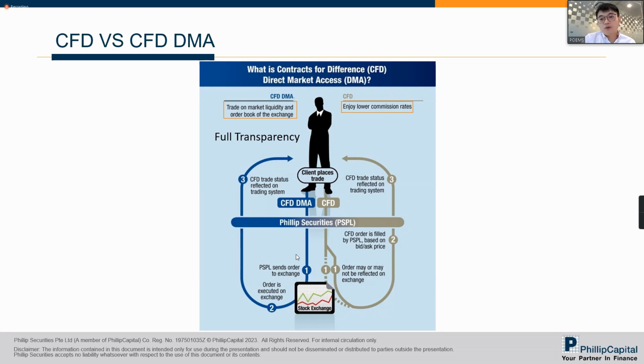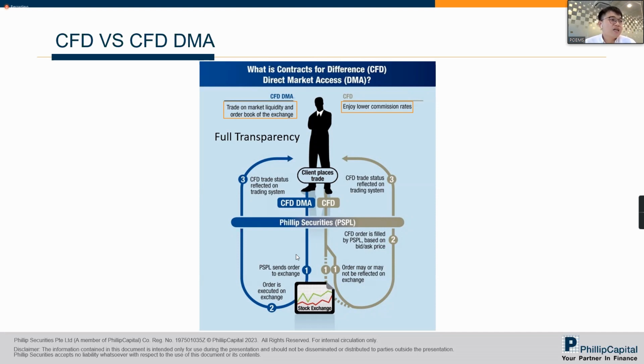We don't want to take the risk, so we will place the order on the exchange as well, to see whether someone will take the opposite side of the position with you so that we can hedge the contract.